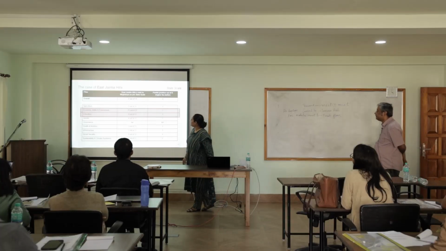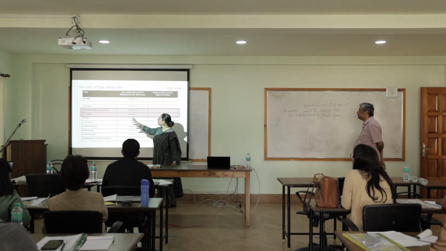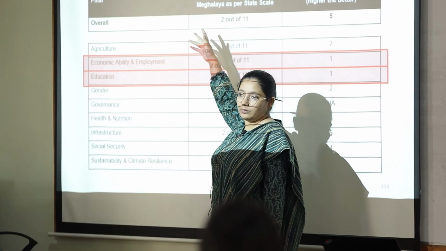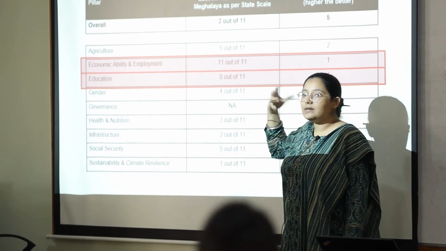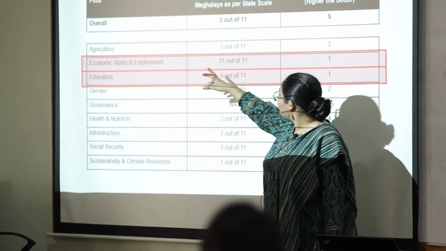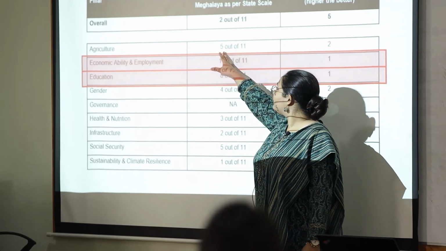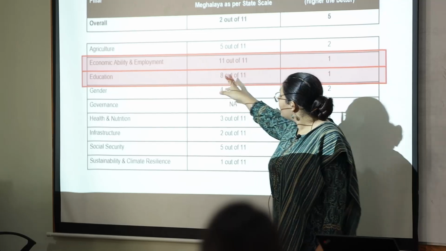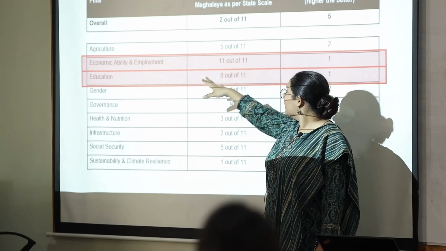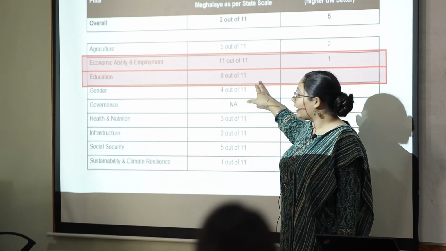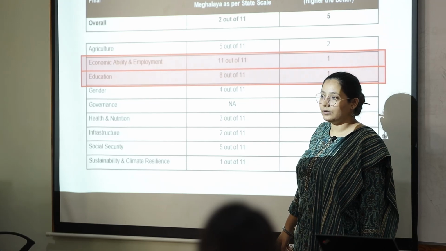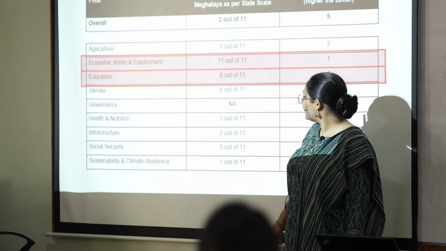Now, what is the possible reason you are overall at number 2? What are the pillars that are pulling you up and what are the pillars that are pulling you down? You see, in agriculture, you are at 5 out of 11. In economic ability, you are the last district. In education, you are at number 8 out of the 11. 11 out of 11 means 11th position out of 11, that's the last position, right?